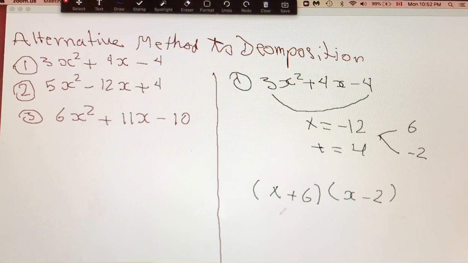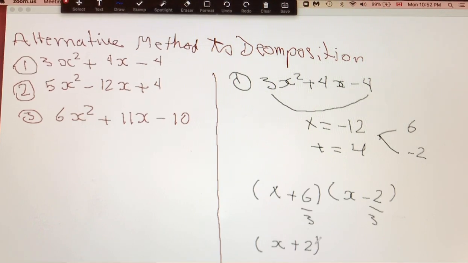It doesn't stop here though, because we have a leading coefficient with the x squared, that's 3. This 3 we have to bring down and divide this 6 by the 3 and the negative 2 by the 3. And the result would be x plus 2, because 6 divided by 3 is 2.